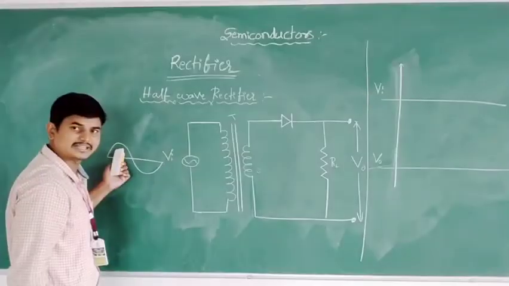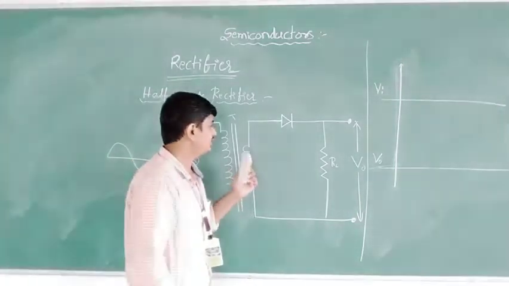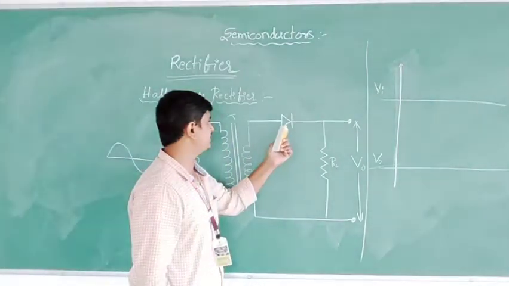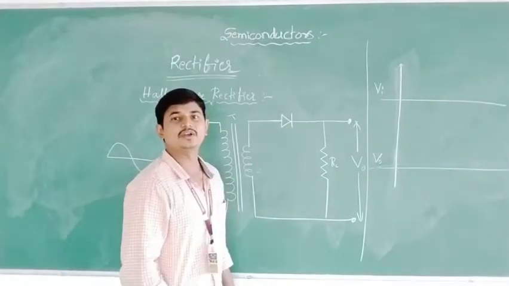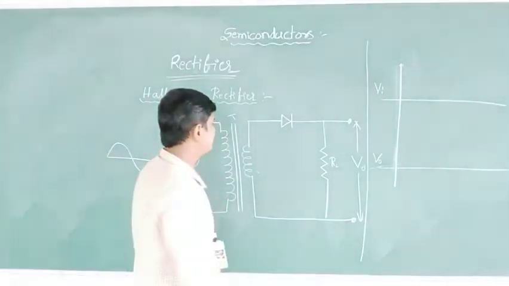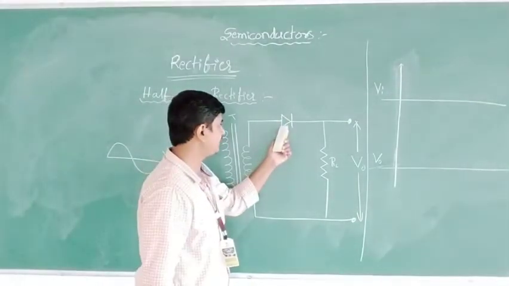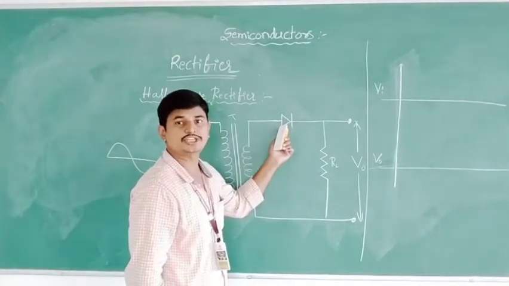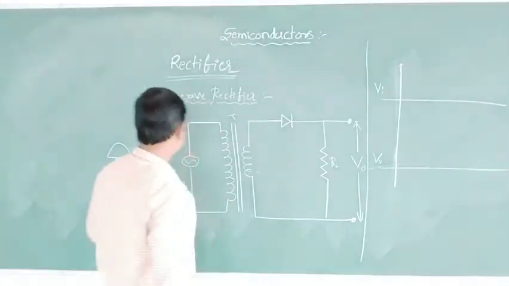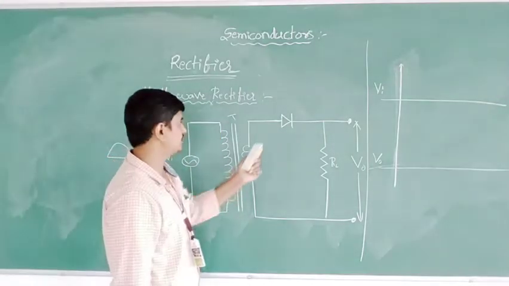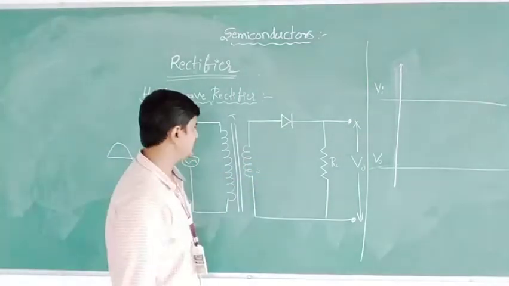In the first positive half cycle, the P type of semiconductor is connected to positive and acts like a positive with respect to the N type of semiconductor. When the input voltage is supplied, the P type is positive with respect to the N type of semiconductor.